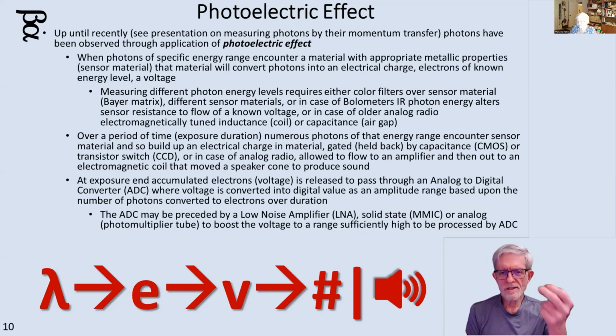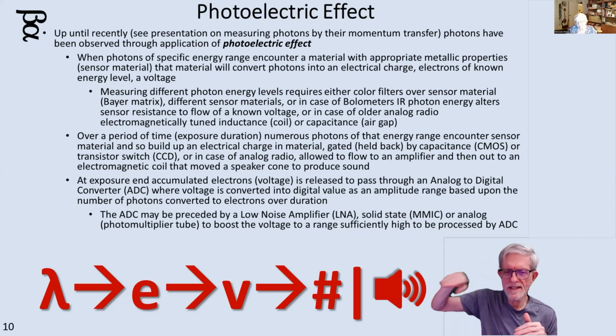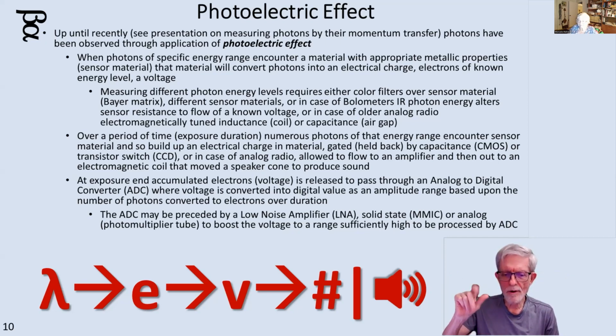But once the signal gets converted to an electrical level, a voltage, it will then be passed through a low noise amplifier to boost the signal up to the point where it's detectable. And then that voltage will go through an analog to digital converter to convert the analog voltage into a numeric value.